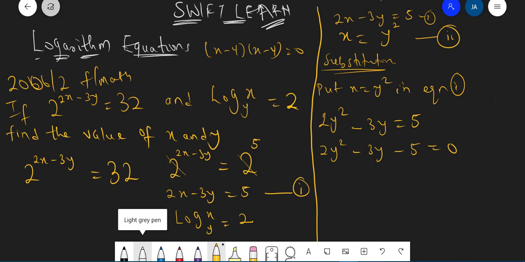They are two different families because of their powers. So I need to use the substitution method to put x equals y squared inside equation 1. When I put it inside equation 1, I got a quadratic equation. So the question I asked was to solve this quadratic equation. That's the simple question I asked. You get it now? So can I move on?